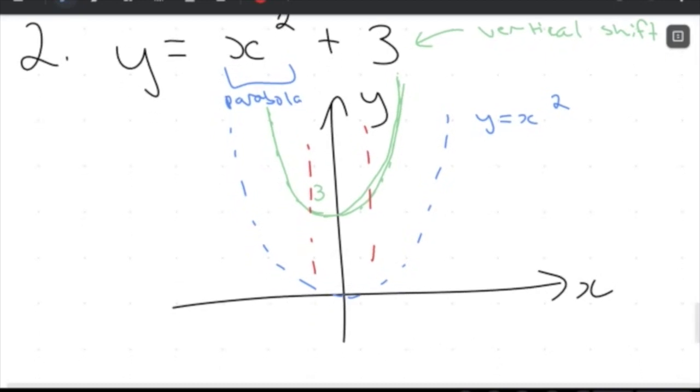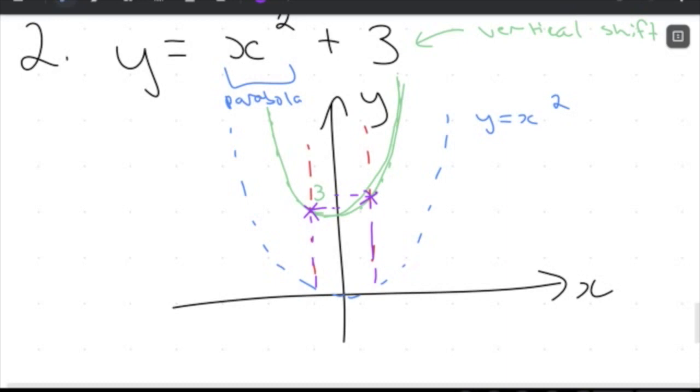But no matter where I draw my vertical line on this parabola, 1 x value is going to produce 1 y value. So this thing has a 1-to-1 ratio.